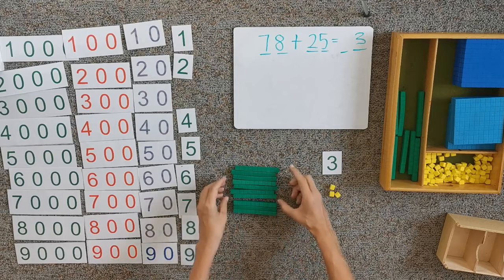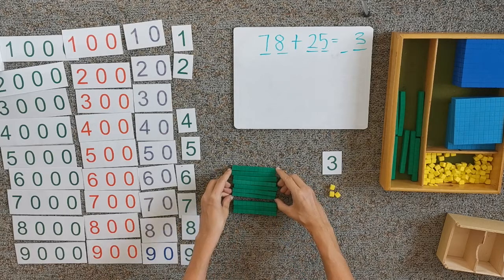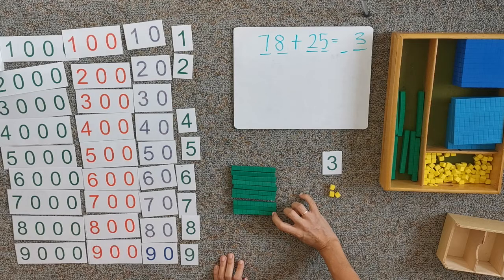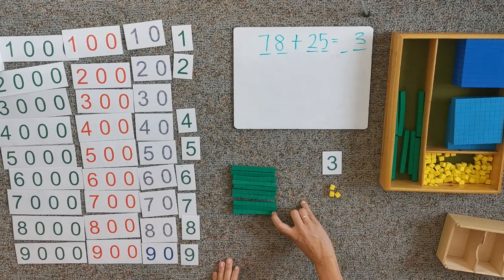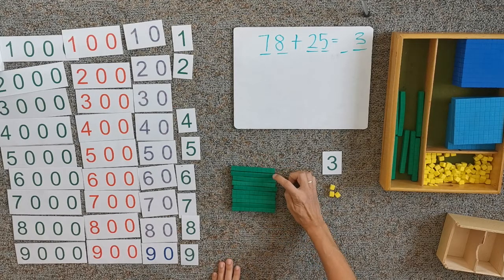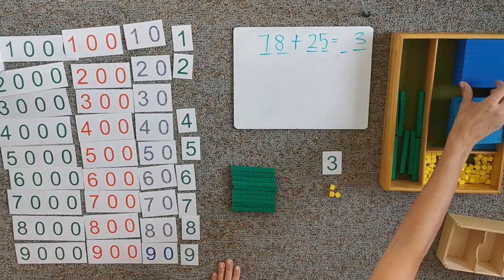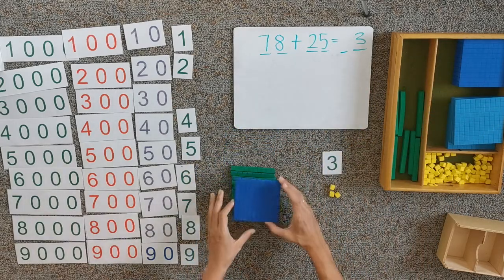I had 70. Bueno, 10, 20, 30, 40, 50, 60, 70, 80, 90, 100. Oh my gosh, a ver. 10, 20, 30, 40, 50, 60, 70, 80, 90, 100.